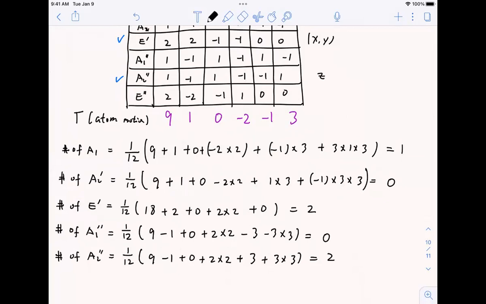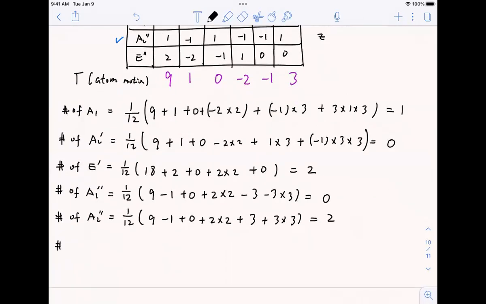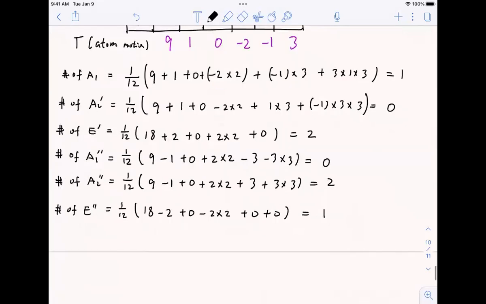This will be 2. Then the number of E prime will be 18 minus 2, 0, minus 2 times 2. Then it's all 0 here. This will be 1.